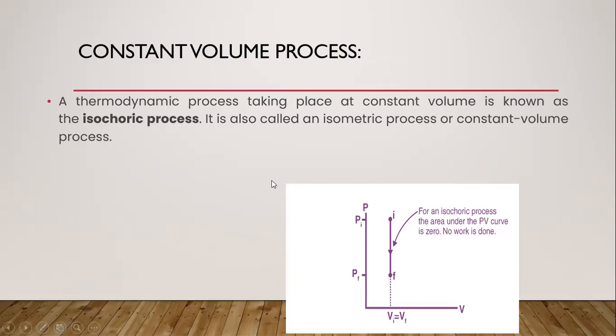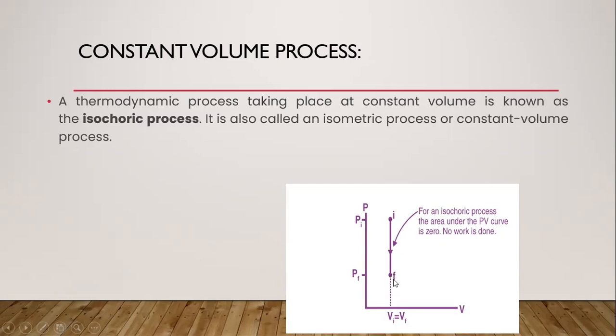Next one, constant volume process. This is the second derivation we are going to see in a quasi-static thermodynamic system. Here volume is kept constant, whereas the pressure is considered a varying variable from initial to final pressure.